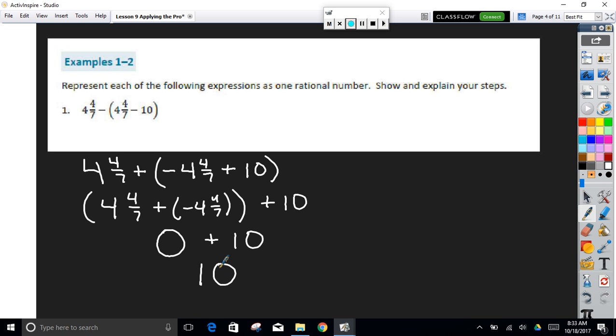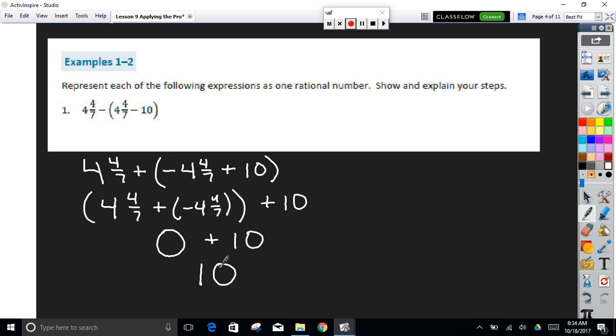If I were doing it, I would probably rewrite this first step, and then I'd probably cut straight to the answer. I wouldn't write out every single step. But for today's examples, I do want you to show all of your steps. I'm not going to have you do that all the time. I won't require you to show all of your steps to this extent on the test.